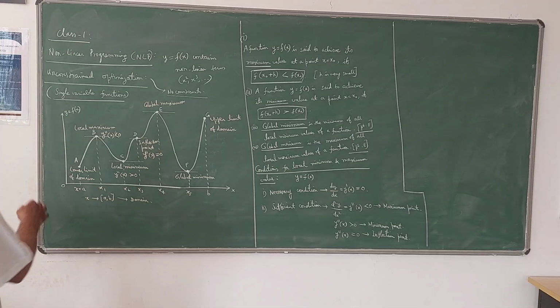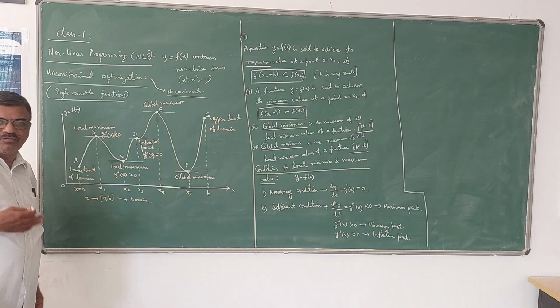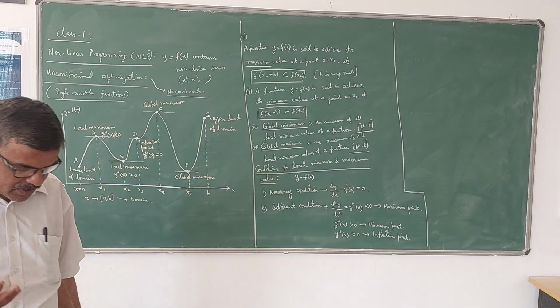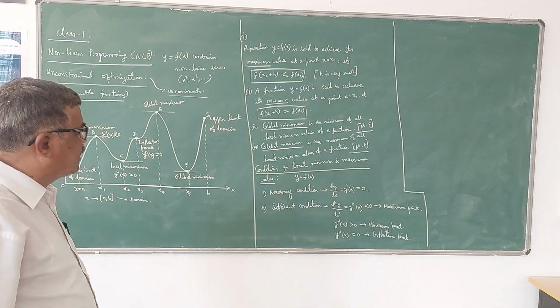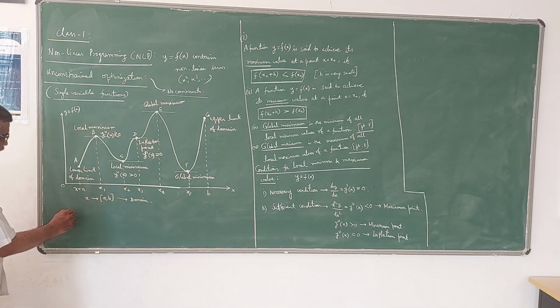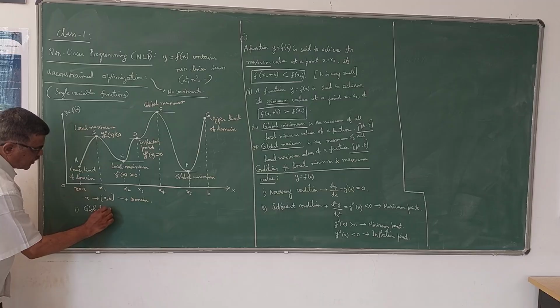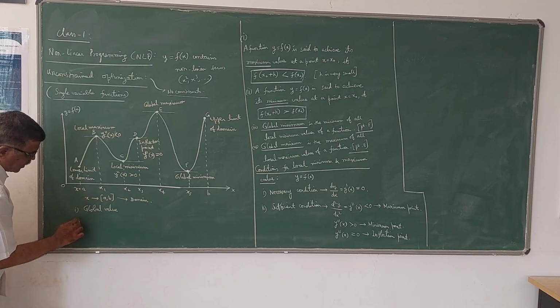If you plot a graph, I will take that to explain the minimum and maximum values. Minimum and maximum values of a function can be expressed in two ways. One is the global value, another one is the local value.